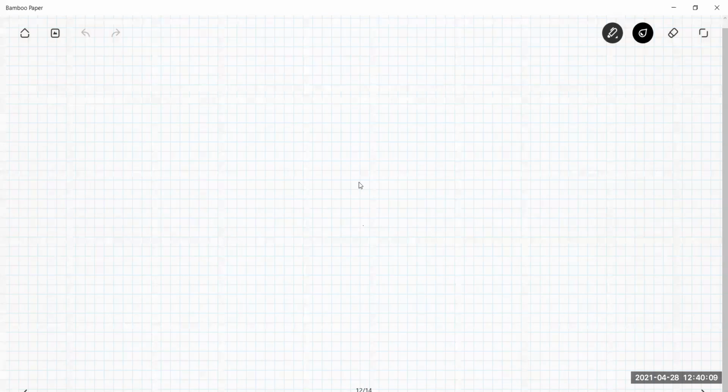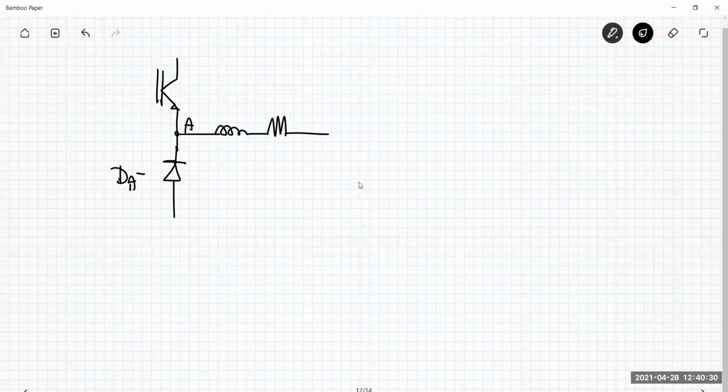So let me redraw again the circuit. I have TA plus, and this is the node A, and the node A is connected to the diode dA minus. Here we have the generic phase of a stepper motor, RA.